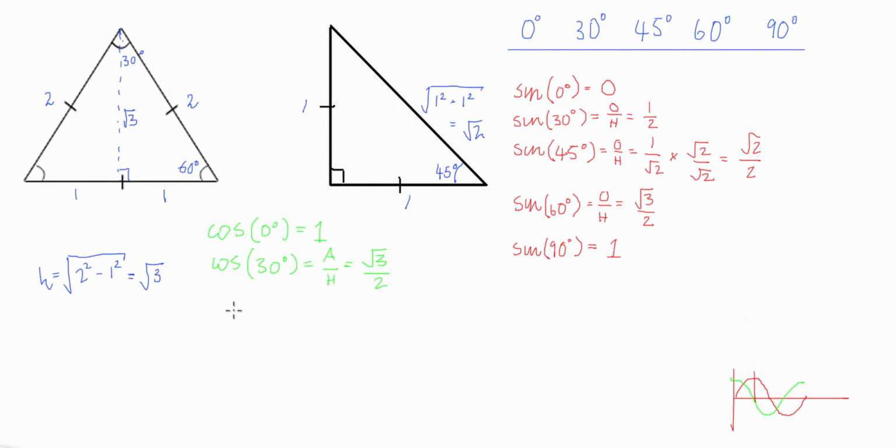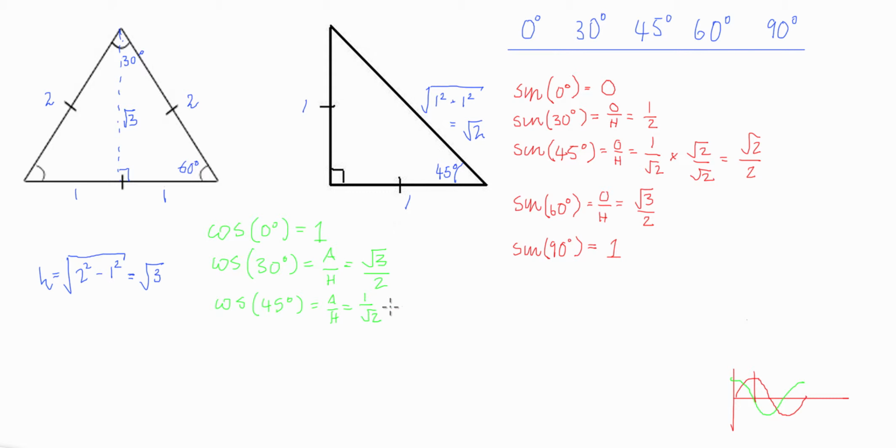We'll go straight on to the cosine of 45 degrees. That's also equal to the adjacent over the hypotenuse. It doesn't change. We go to our 45-degree angle triangle. The adjacent side is 1. The hypotenuse is square root 2. So it's going to be 1 divided by square root 2.